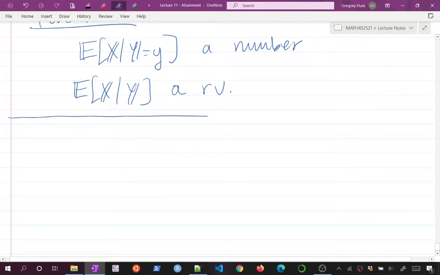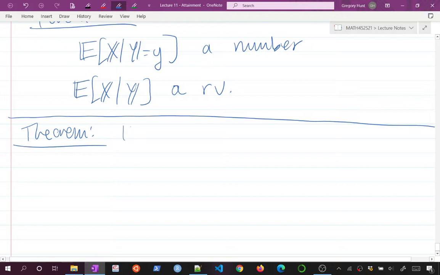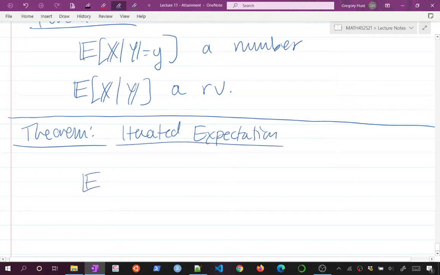And in the minute I have left here, we'll talk about this next time, we have this theorem called iterated expectation. There are multiple names, so that's the name I typically use, which says that if I want to get the expected value of X alone, I can look at the expected value of the expected value, so I iterate my expectation.